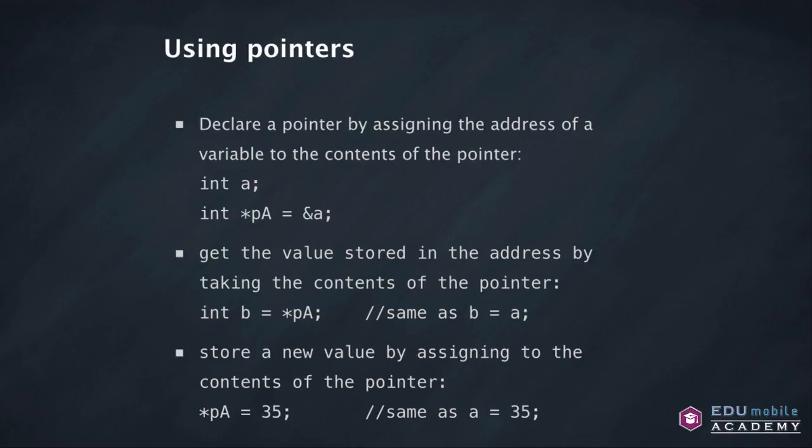However, if I have a variable A assigned the value of 1, and I say contents of PA1 equals the address of A, and contents of PA2 equals the address of A, now if I say A++, both the contents of PA1 and PA2 are 2, because we're pointing to the same location in memory.